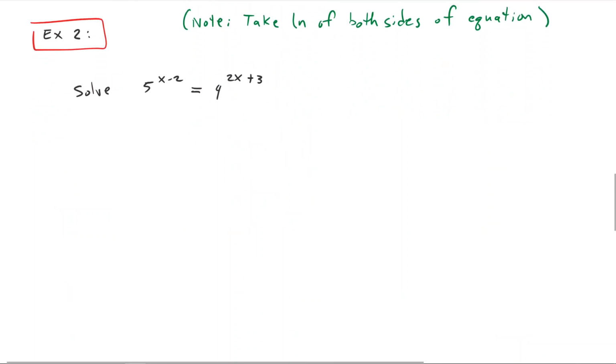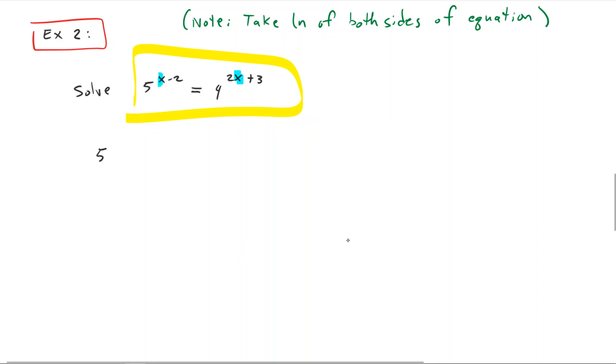Here's another problem. The equation that they give you to solve is in the yellow box here: 5 raised to the quantity x minus 2 equals 4 raised to the quantity 2x plus 3. Again, the x is what we want to solve for. It's in the exponent. One of the best ways to get stuff out of exponents is to use logs. So we're going to again take the log of both sides of the equation.